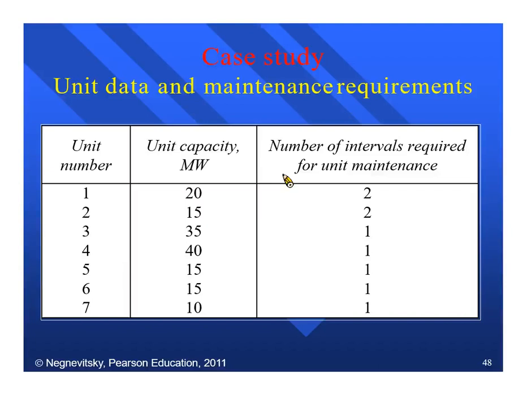That means this machine needs 2 seasons for maintenance. And unit number 2 has a unit capacity of 15, and it also needs 2 intervals to do the maintenance. And the others are the same. For example, the 6th has a unit capacity of 15. It needs one interval to do the machine maintenance.